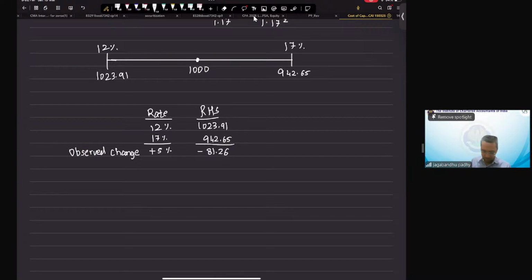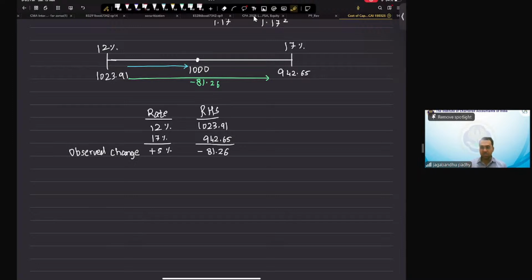We changed this from 1023 to 941 by reducing it by 81.26. But what is the change that we really want? We want to change it from 1023.91 to 1000.